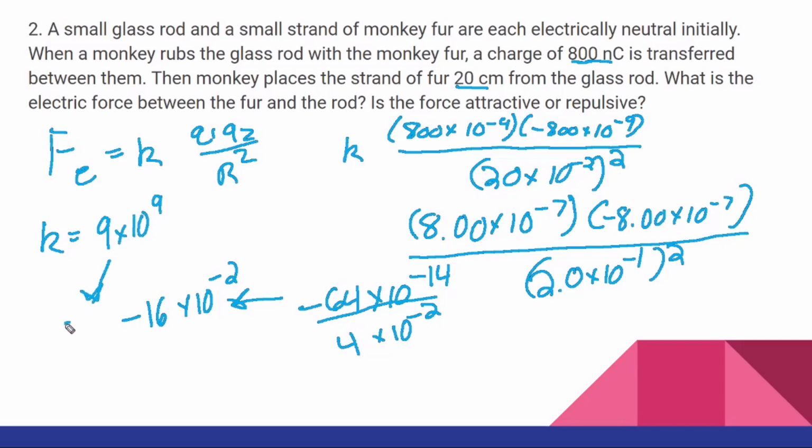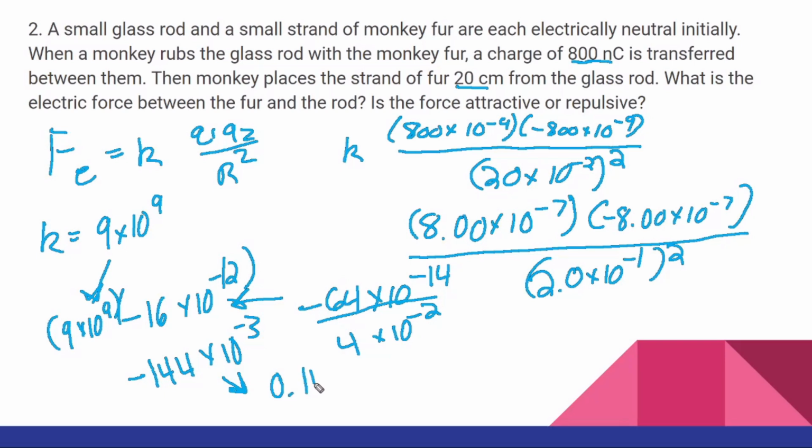We bring this down here and multiply this with our negative 16 times 10 to the negative 12, and we will get negative 144 times 10 to the negative third, which can be rewritten as negative 0.144 newtons.